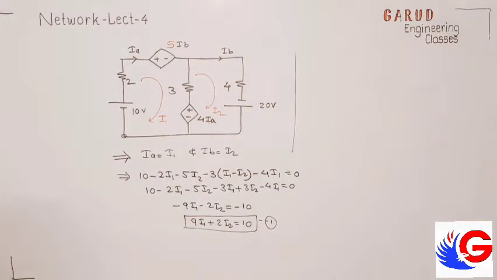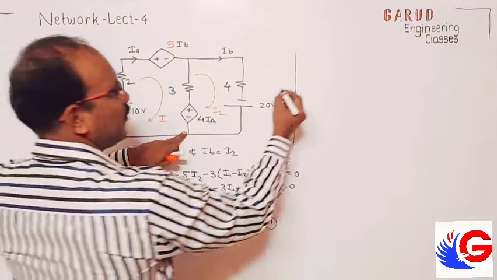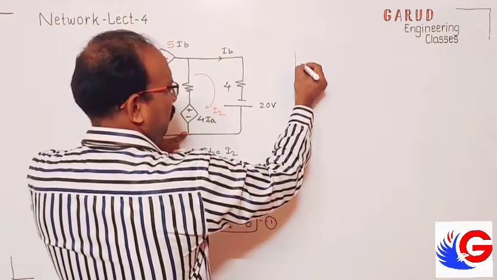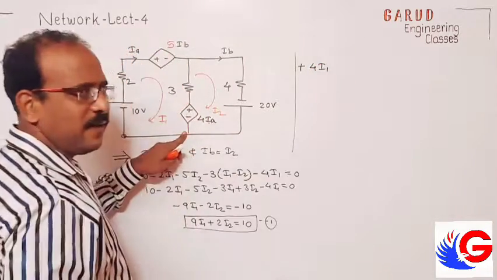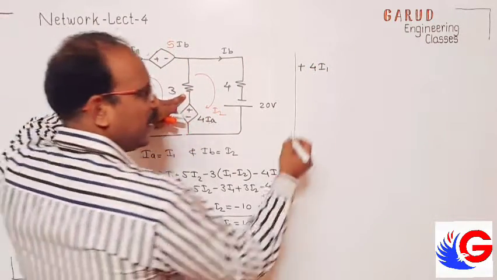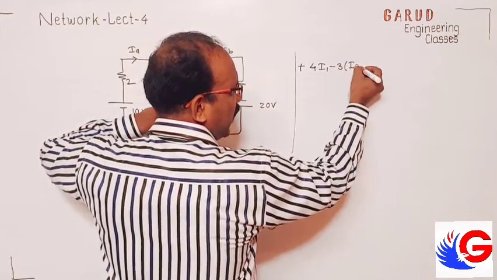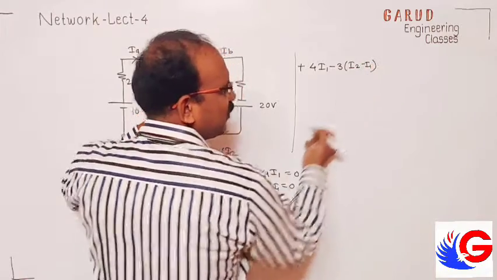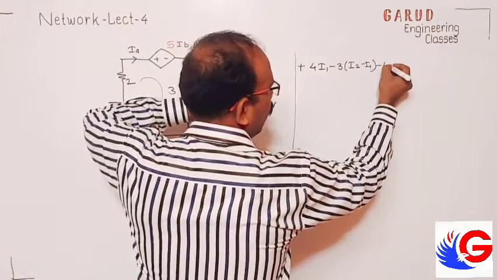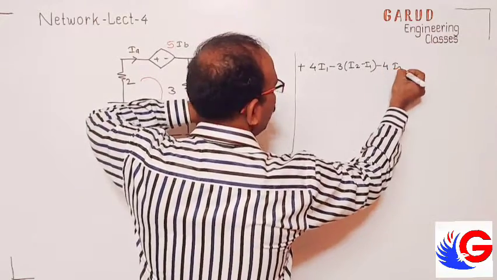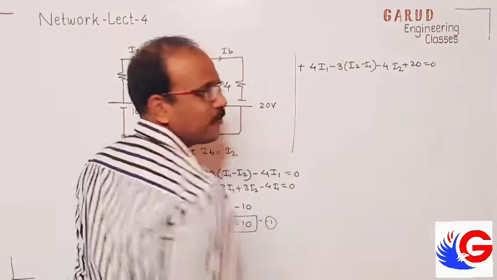Okay. Now we have to write KVL for this loop. If I start from here, negative positive, plus 4IA, that is equal to I1, minus 3 times I2 minus I1, second minus first now, you are going up, minus 4I2 plus 20 equals 0.